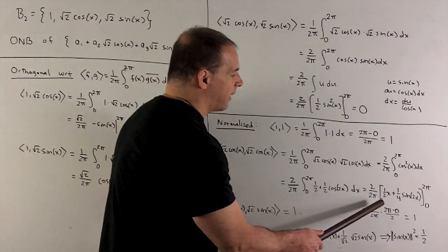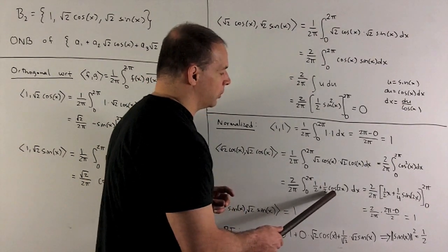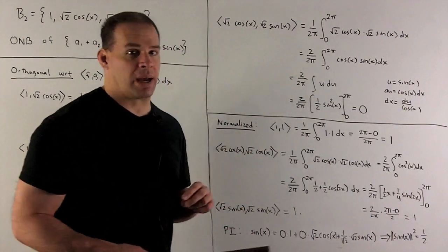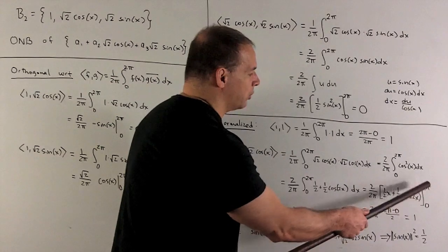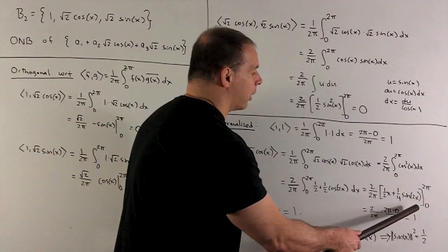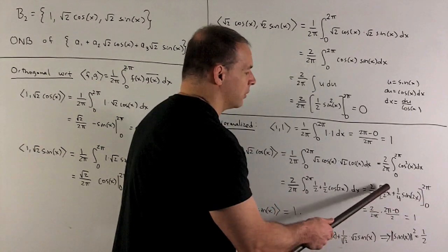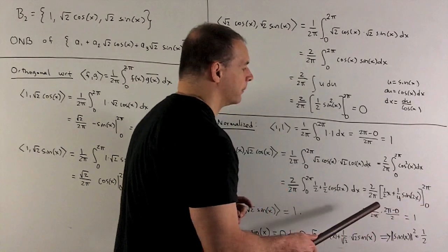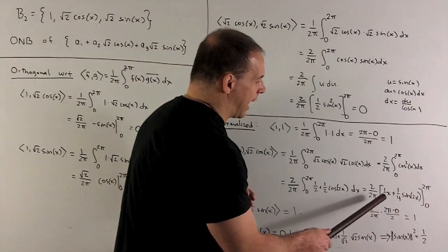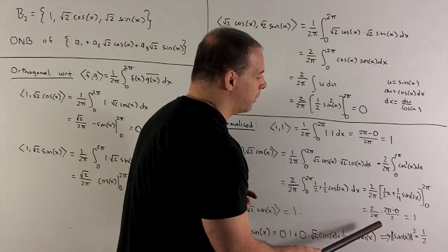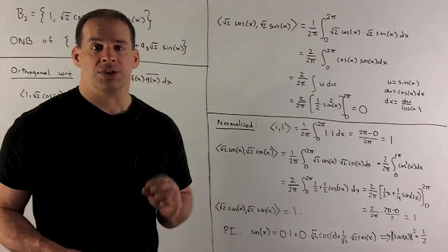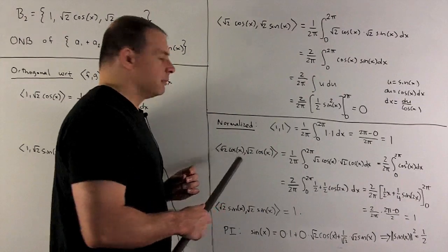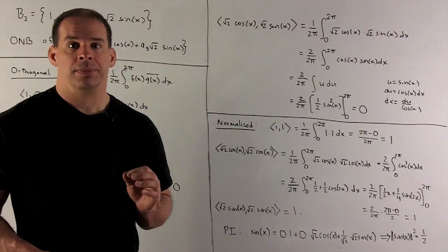So we'll get a 1/2 x. And then here that's going to go to sine of 2x, and we divide by 2. Okay, anyway, for the second term, when we put 2 pi and 0 in, that goes to 0. So the only thing that'll be left is the 1/2 2 pi. Now, when we take a look at what happens there, we're just going to have 2 over 2 pi times 2 pi over 2. So we're going to get a 1. So this function is going to be a unit vector.